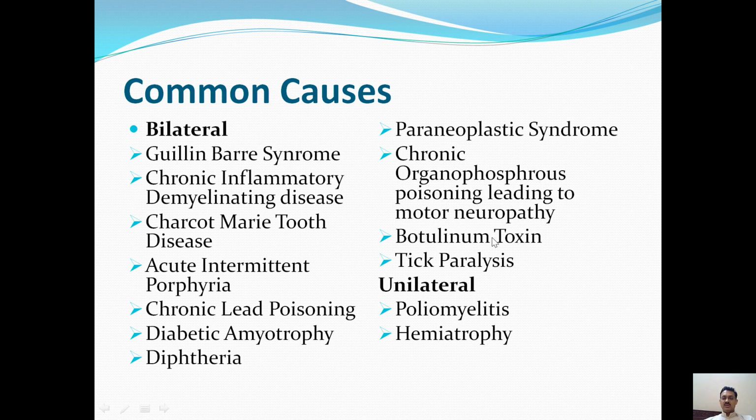Then tick paralysis: in some parts of the world, there are ticks which, when they bite, inject some poisons, and they cause neuromuscular junction blockage and also a generalized type of weakness.